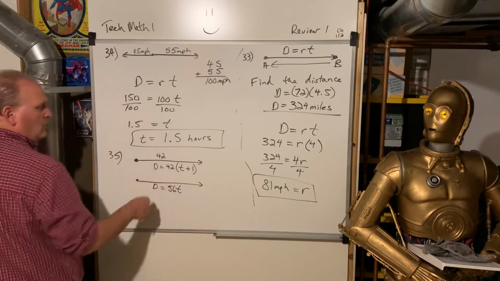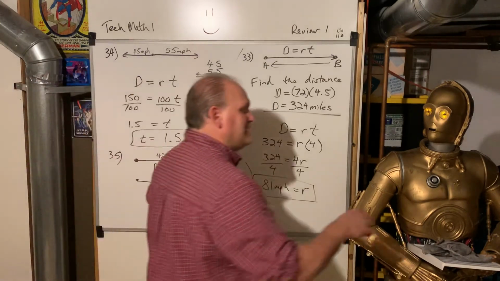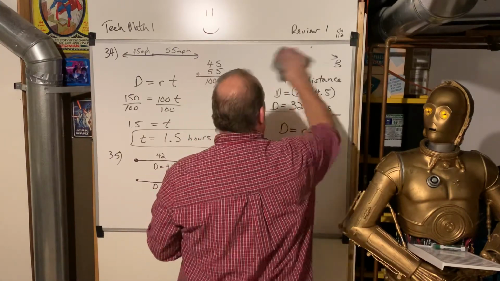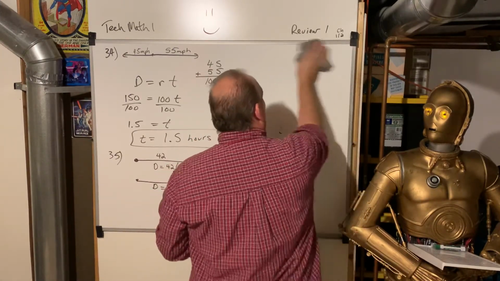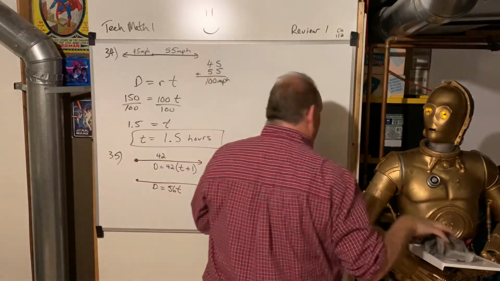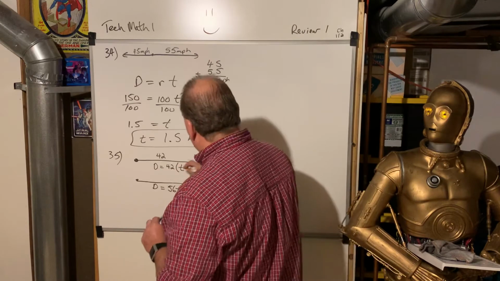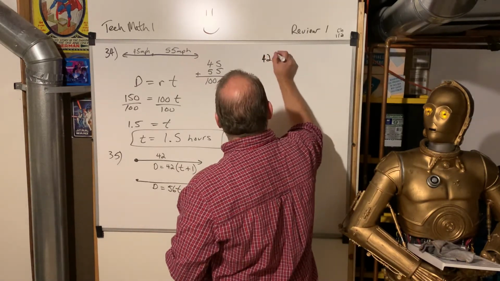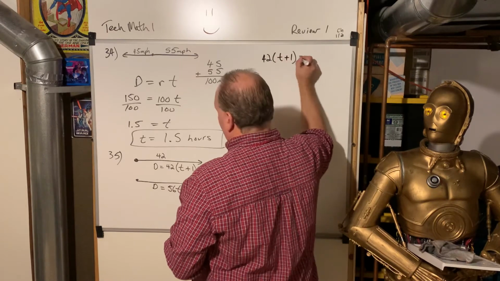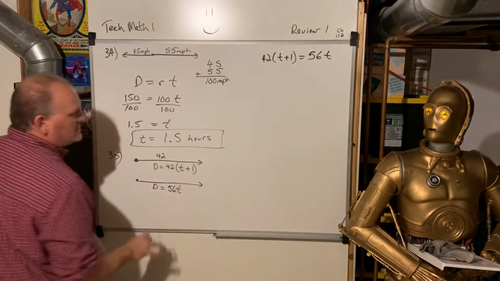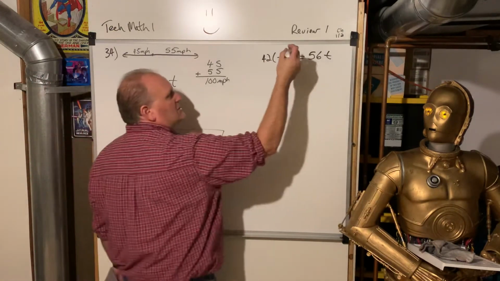Now we want to just know when those distances will be the same. So the setup of that one is maybe a little harder than 34, where how will I figure out the time? Well, it's when those distances are the same. It's when he catches that one. So it is going to be 42 times t plus 1 equals 56t. So now forget about all of the words and all of the pictures and everything, and just solve this equation.